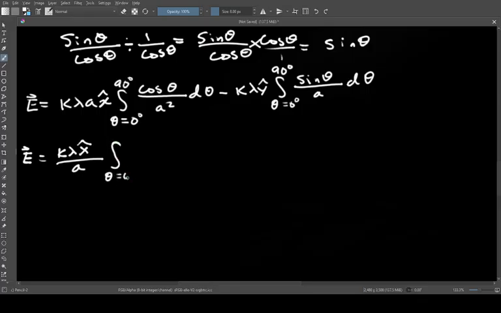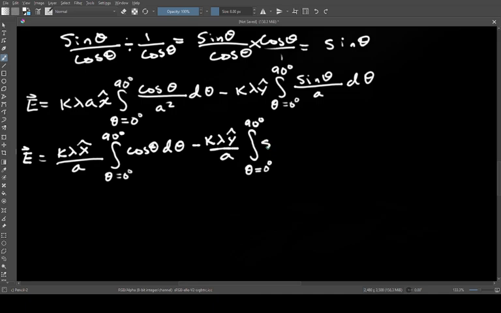So we can simplify this further to be E is equal to K lambda x hat all over A, integral from theta equals 0 degrees to 90 degrees of cosine theta d theta, minus K lambda y hat over A times the integral from theta equals 0 degrees to 90 degrees of sine theta d theta, equals, what does that equal?